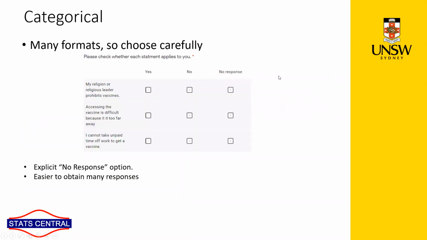This may be a better way to avoid both of those issues. We have the same 3 items, and we're making it really easy to know which box is a yes and which box is a no. And then we have this other extra thing, no response, or sometimes it will be noted as not applicable, something like that.